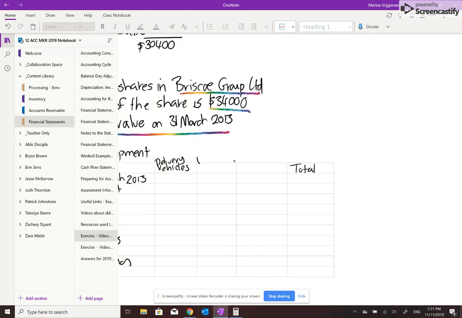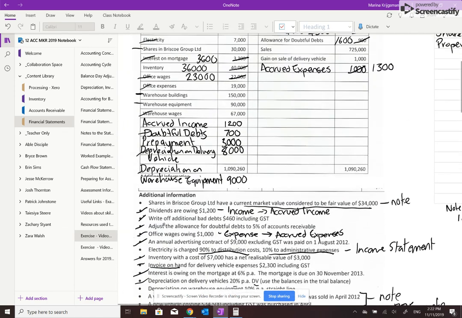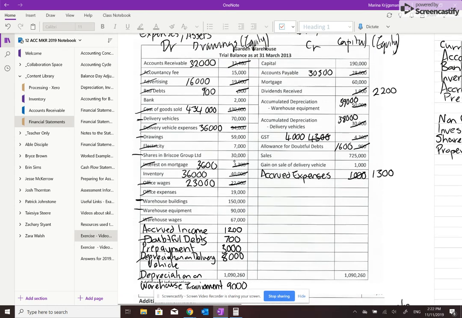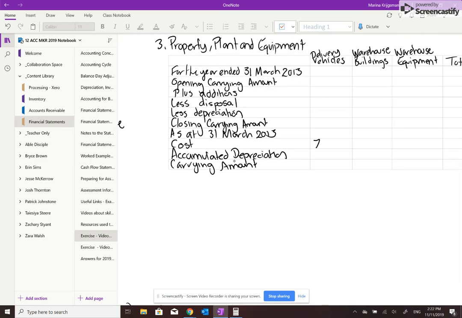So we're going to just deal with one of them at a time. Okay, so we're going to start with our bottom and work our way up. Okay, so for our delivery vehicles, we're going to take the cost from the trial balance. So our cost is 70,000, and we're going to put it in at cost.